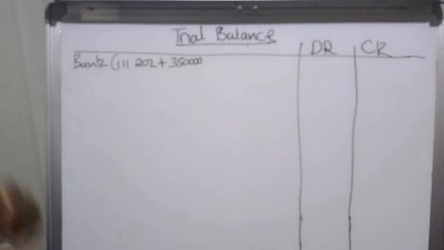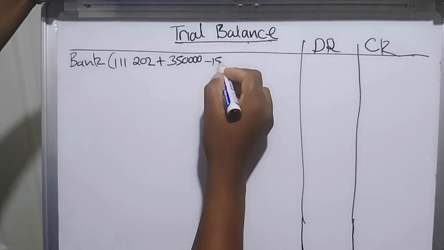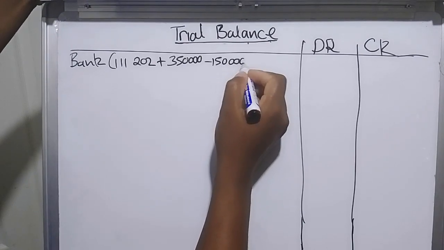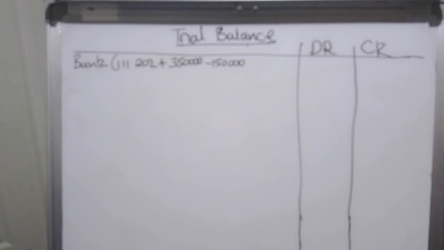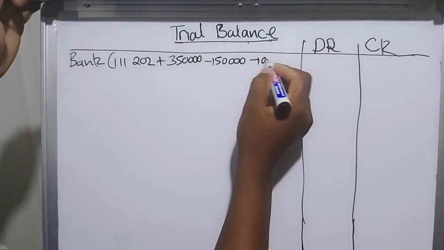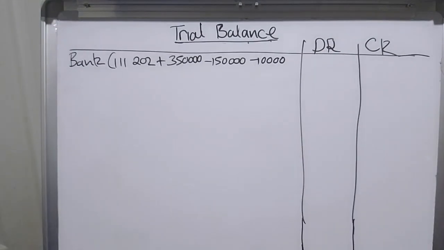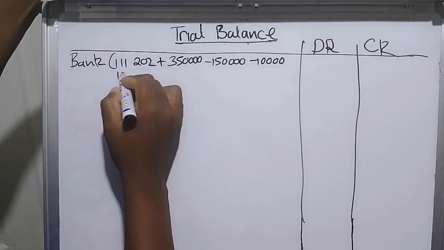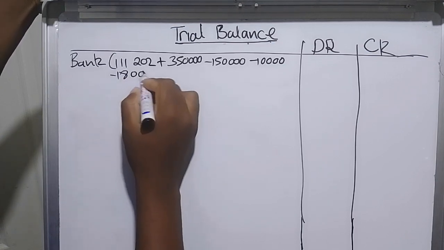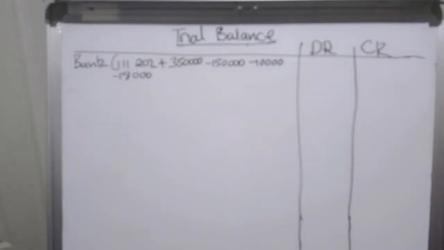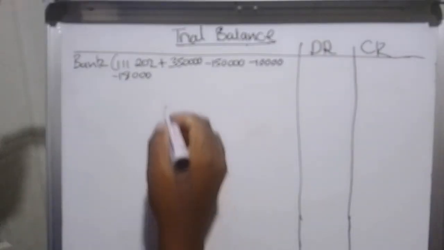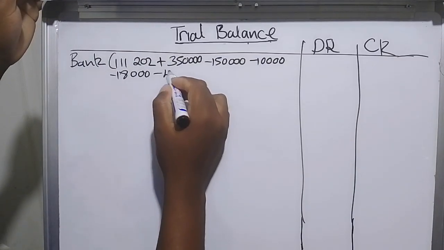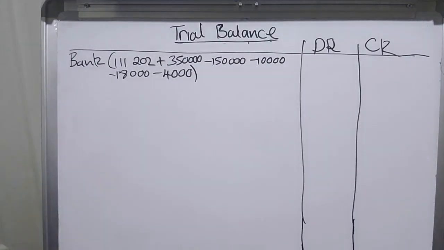Then the bank account also paid $15,000 in preliminary expenses. The bank account also paid $10,000 for purchases. The bank account also paid salaries for 2 employees, where we paid $9,000 for each employee, and this comes to $18,000. And we also have $4,000 which was withdrawn by the owner for personal use.